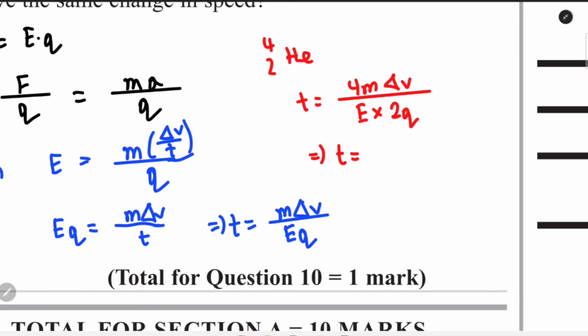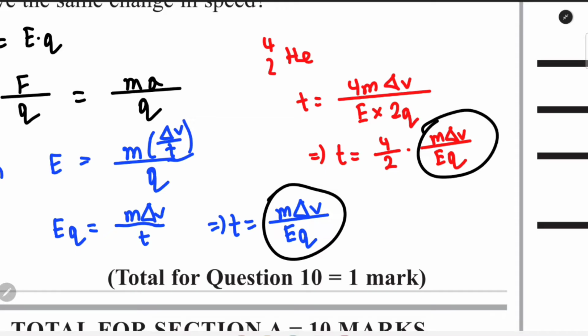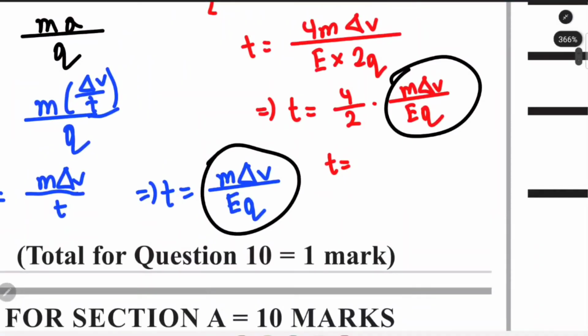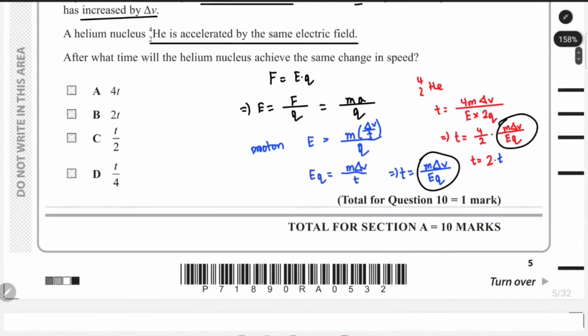I can move the constants outside, so I'll be left with 4 by 2 here, and I'll be left with m del V over E times q. This and this expression are the same, so the time taken for helium to accelerate is 2 times the previous time. So B is the answer.